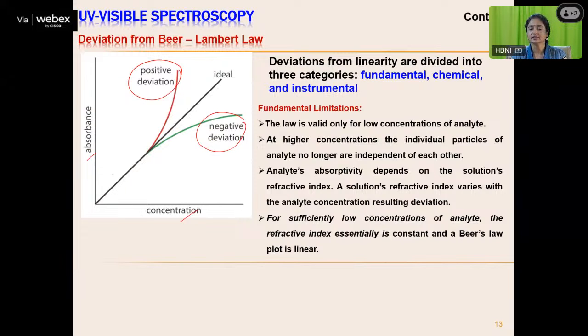At higher concentration, the individual particles of the analyte are no longer independent of each other. The analyte's absorptivity also depends on the solution's refractive index, which varies with the analyte concentration, resulting in deviation. For sufficiently low concentration of analyte, the refractive index is constant and the Beer's law plot is linear.